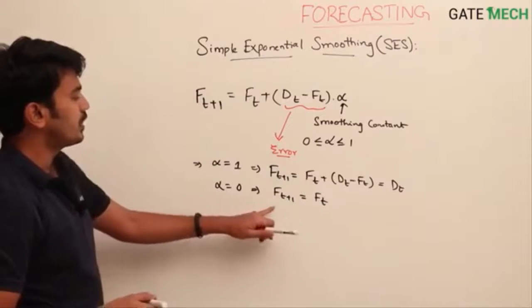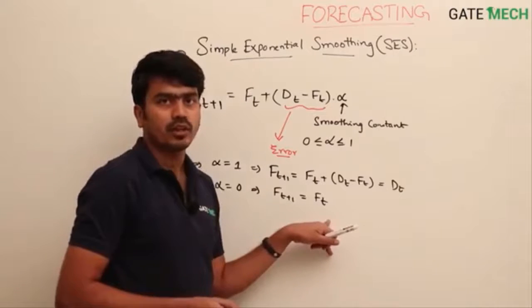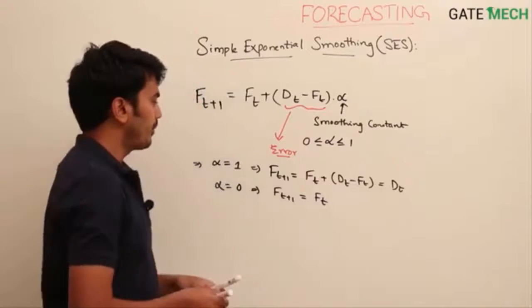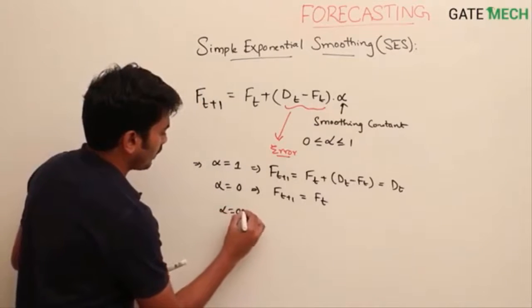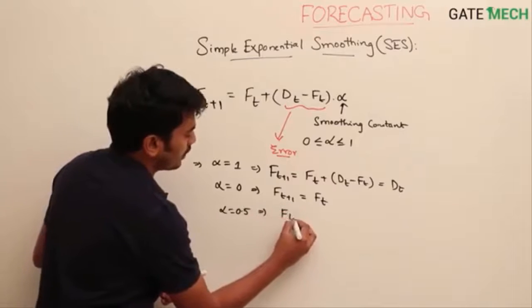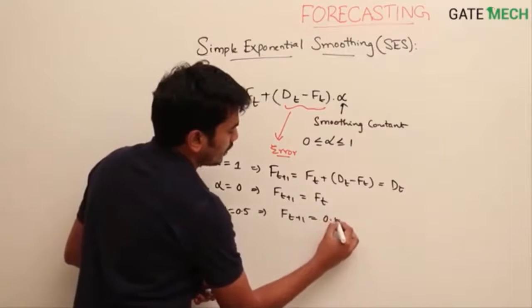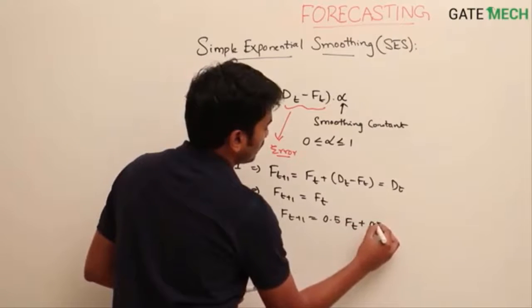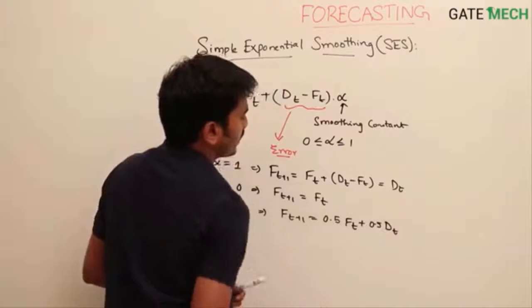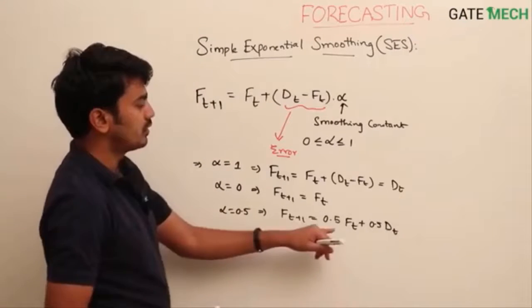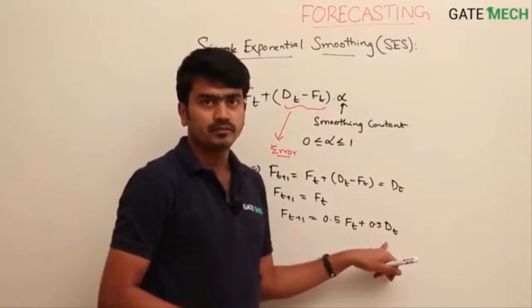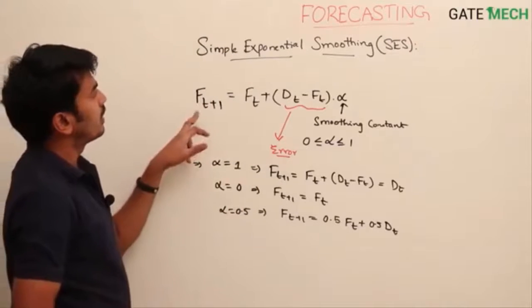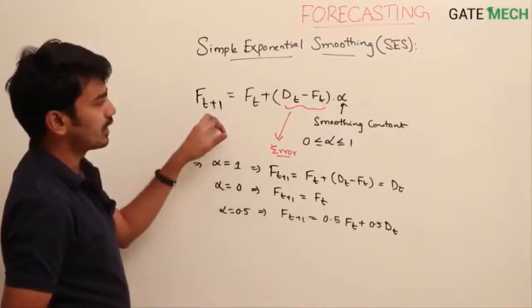So it's giving more weightage to the current forecast and ignoring the last demand. And if alpha equals 0.5, in between, then ft plus 1 will be equal to 0.5 into ft plus 0.5 into dt. So it is giving equal weightage to the current forecast as well as current demand. This is how the exponential smoothing method calculates the next period forecast.